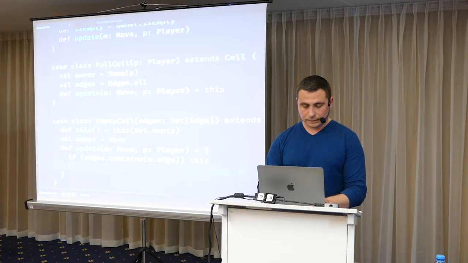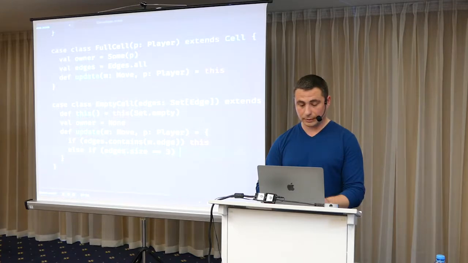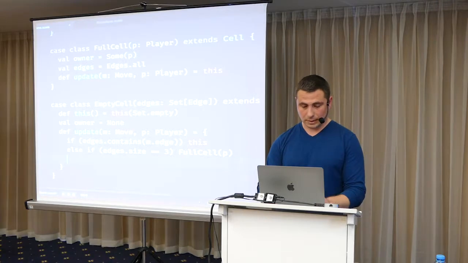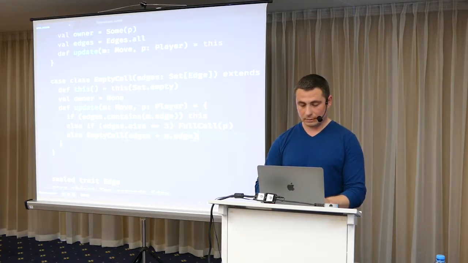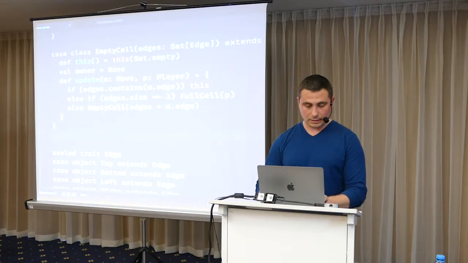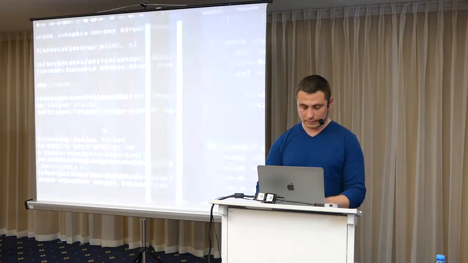In the case if we already have 3 of them, then we obviously will need to turn this cell into the full cell with this owner, and else we return a new empty cell with edges extended with this edge, right? So let's ask our compiler what we are missing.